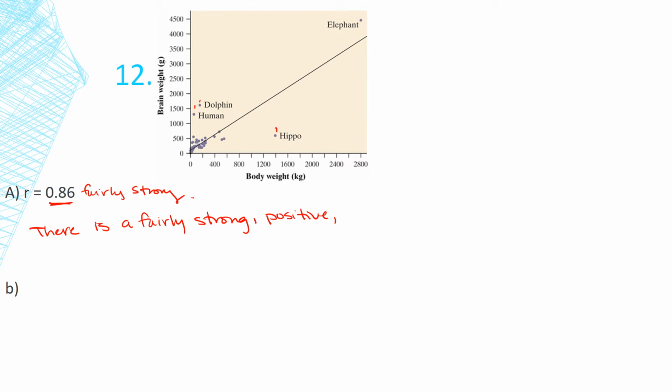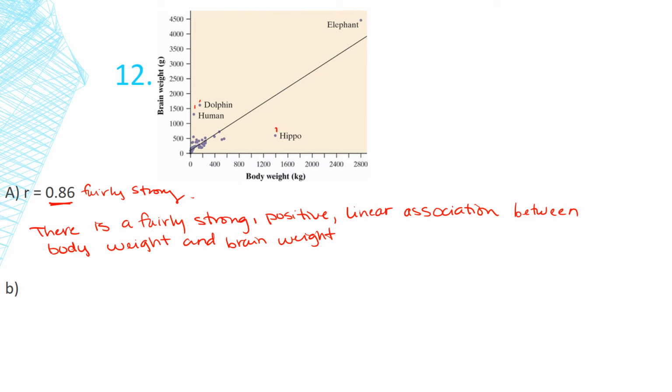A fairly strong, positive, linear association between, now we're going to say the X variable, so the body weight, and we're going to say the Y variable, brain weight of mammals, the context. All right, so that kind of follows that mantra.